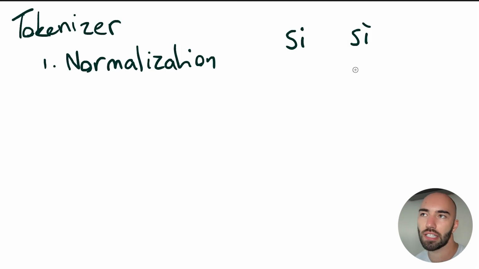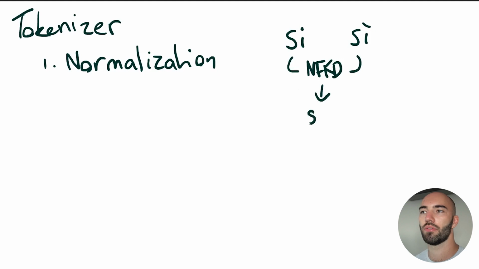But people may use them interchangeably. And if we would expect that, then we can use something called NFKD Unicode Normalization, to actually take both of these and create the same word, which would just be SI.